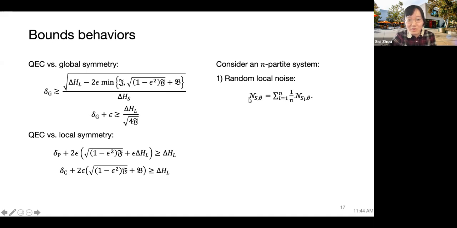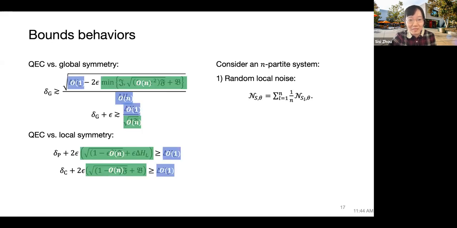But now what's important is the scaling of the bound. So for an n-partite system, delta HS, which is the one local, should scale linearly with respect to n, and the delta HL is just a constant.